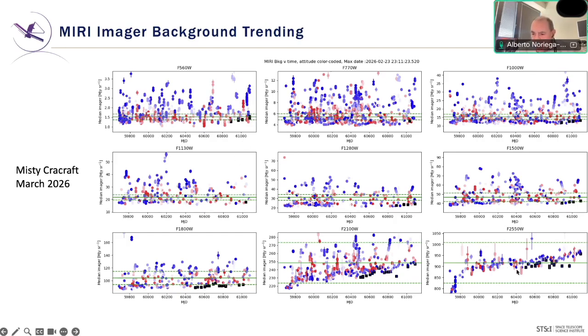But if you look, for example, at 25 microns, the level in megajanskys per steradian: just the sky at that wavelength is of the order of 100 at most megajanskys per steradian. The background, mostly from the telescope, is more than 900 megajanskys per steradian in the darkest region that we're observing.